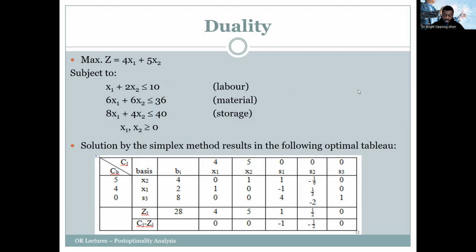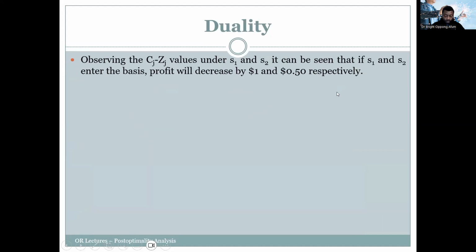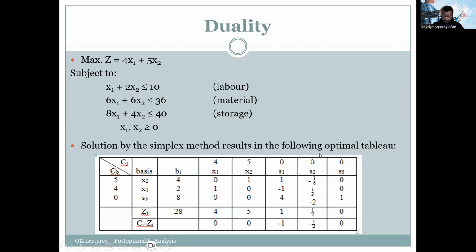So let's see the understanding of this. When we observe the Cj minus Zj values under S1 and S2, it can be seen that if S1 and S2 enter the basis, the profit will change by 1 and 0.5 respectively.